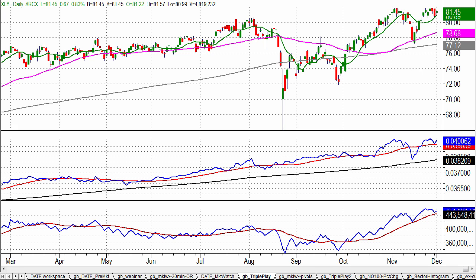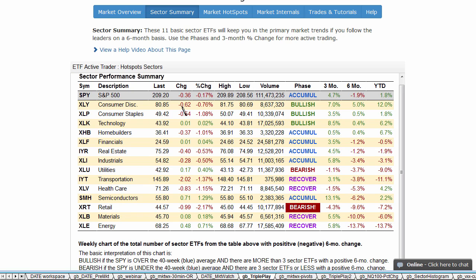So I'm just going to go down the other interesting ETFs here. Let's take a look at XLPs and XLKs. We want to look at all the ones that are positive, and then also want to take a look at some of the ones that are nice and positive on the 3-month, but haven't really gotten to 6-month positive yet, because this is where sometimes you can find industry groups that are emerging as good trades, but they don't have the perhaps 6-month measure that we really like to use as a benchmark.